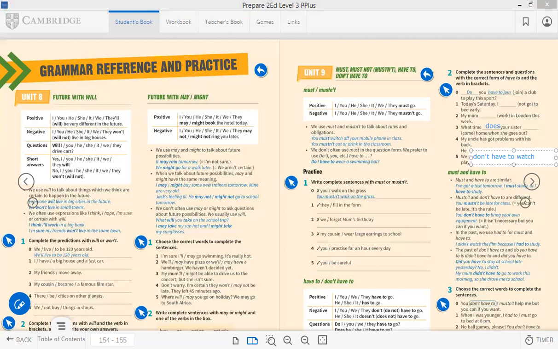Okay? Ready. Nice. Okay, so we have this exercise.